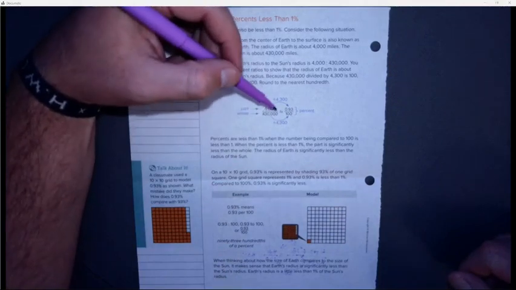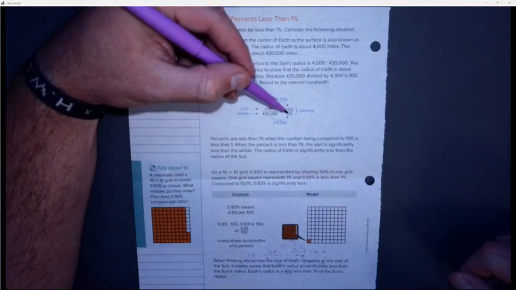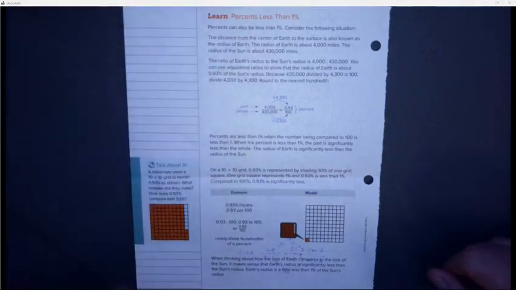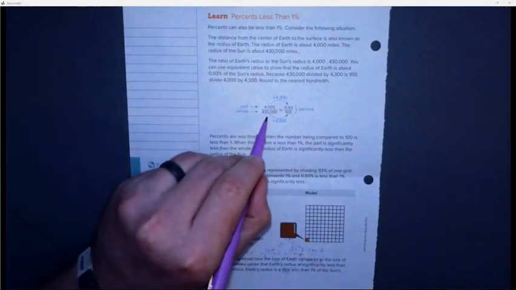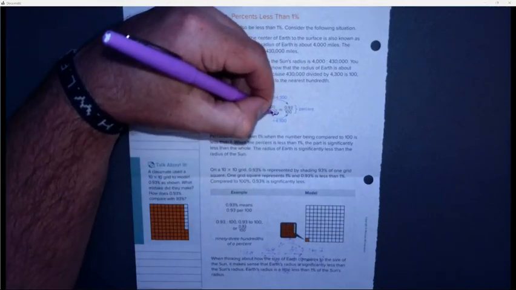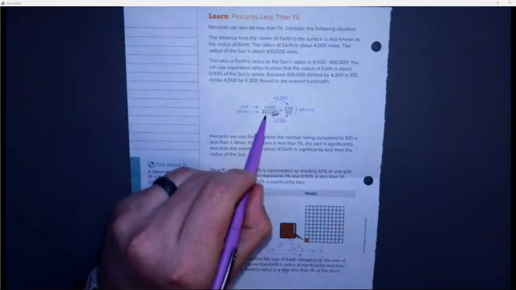So for me to get to 430,000 to 100, I need to divide by 4,300. An easy way for me to figure out what I need to divide by when I'm going to percents less than 1, when I'm going from a bigger number down to 100, is I can move my decimal 2 places to the left. So if I move my decimal 2 places to the left in this number, I see that I have 4300.00. So that's 4,300.